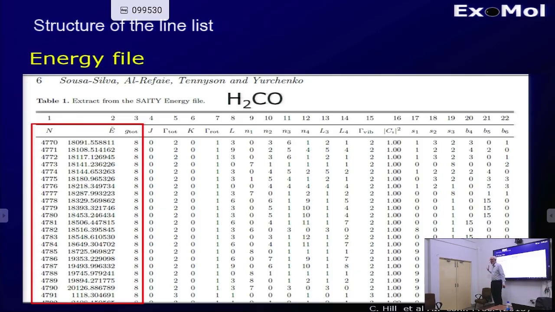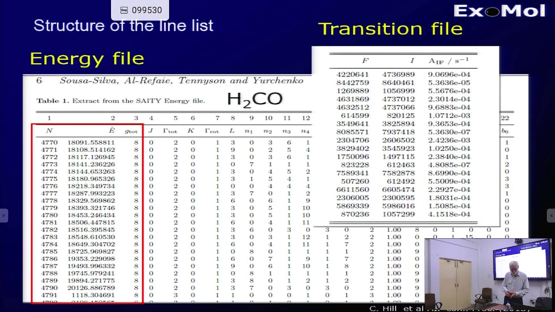They're quite big, but they're not huge. What is huge is the trans file. So that's why the trans file is written in a very cut down format. So it's final state, initial state, Einstein A coefficient, and this number here simply refers to this counting number here. So actually you don't even need the counting number. If you've got these in an array, you can just go straight to the array address.